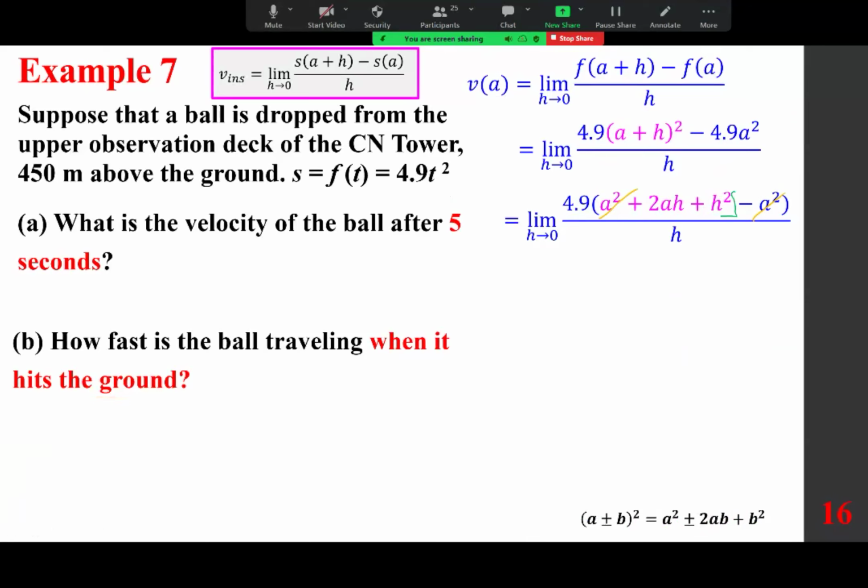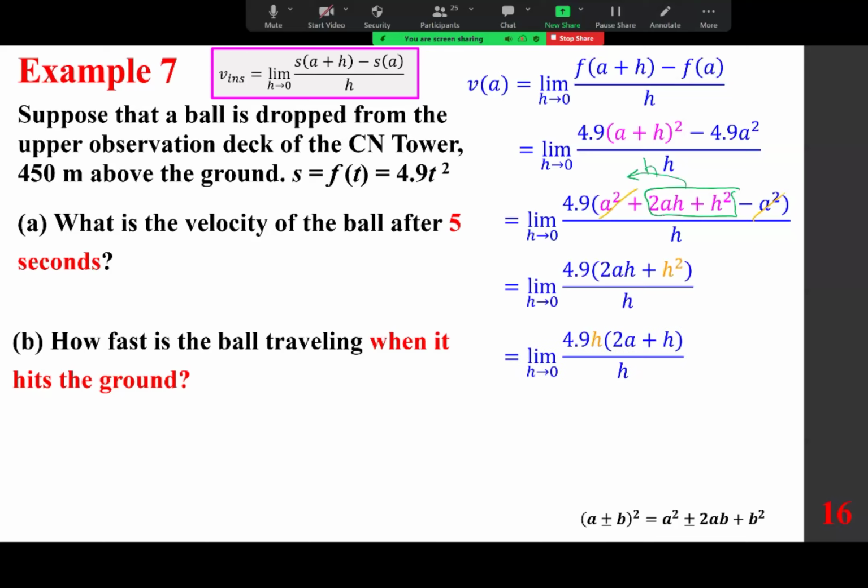So what can you do with this? You can also take out h, and so they cancel each other. So you're left with the limit as h approaches 0 of 4.9 times 2a plus h.